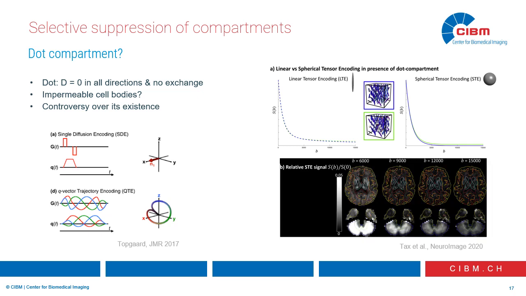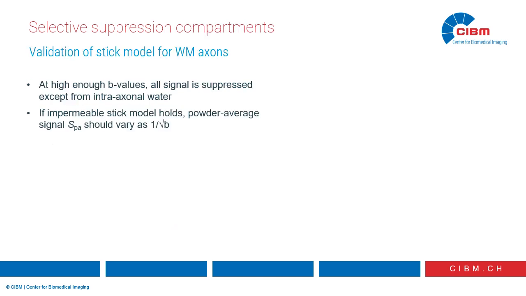And so Chantal, who gave the earlier lecture, actually showed that this dot compartment, so this remnant signal after a strong spherical tensor encoding, was mainly localized in the cerebellar gray matter, as well as in deep brain structures such as thalamus. So this could actually really help to create reliable models for these different structures in the upcoming years.